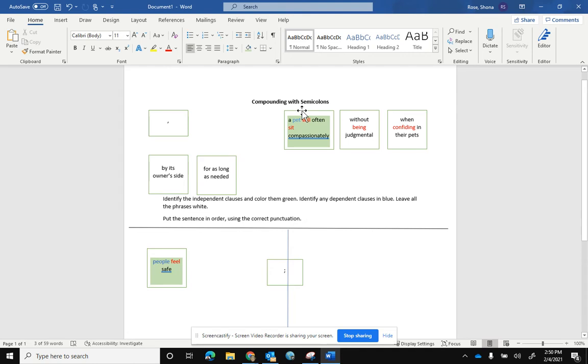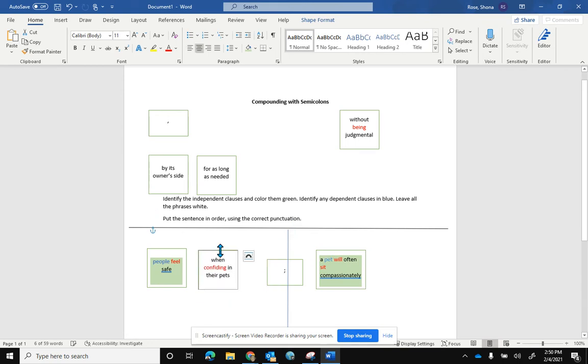And I'm going to go ahead and take this one and put it right here. Now I'm going to be able to use some ideas right here. Where do these other phrases go? Which ones are they talking about? Well, people feel safe when confiding in their pets. I can put that right here.